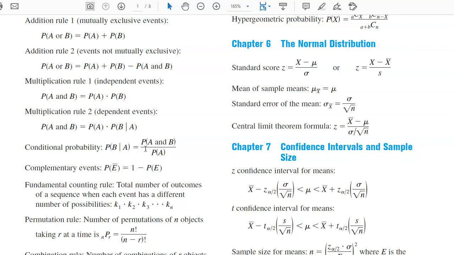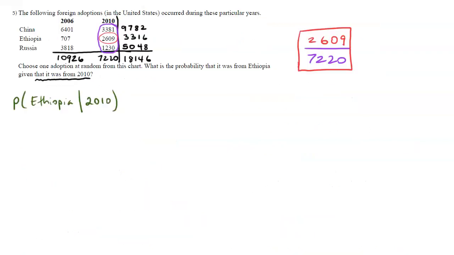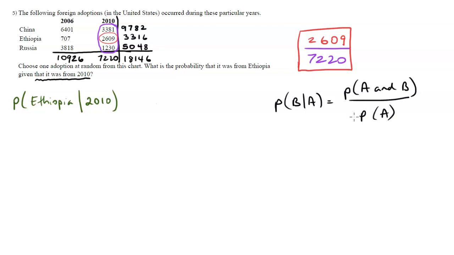Probability of B given A is the probability of A and B divided by the probability of A. If I map that to this situation, it would be the probability of 2010 and Ethiopia divided by the probability of the event that's already occurred, the probability of 2010.